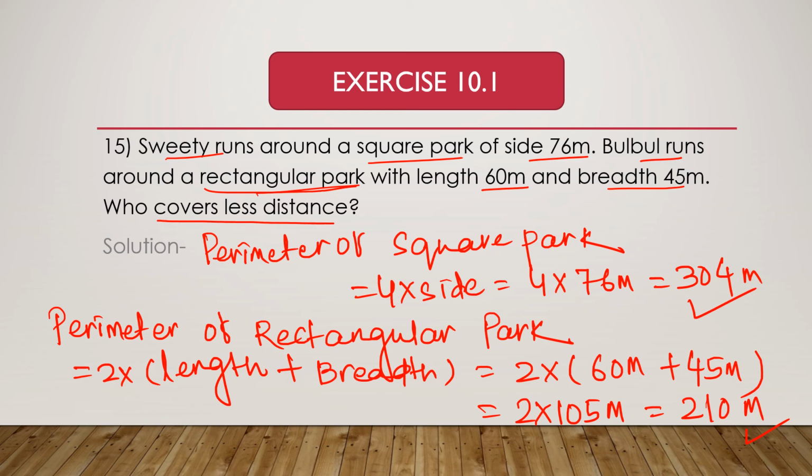So the perimeter of the rectangular park that is run around by Bulbul is less distance. So Bulbul covers less distance.